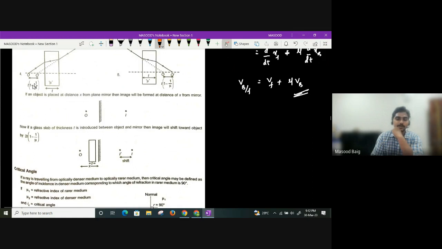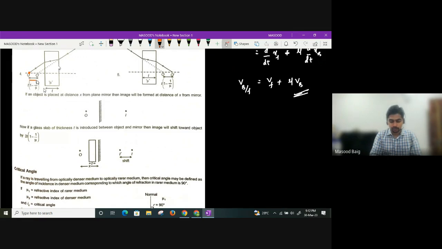You see, in the first case, you have an object. Which type of rays are coming from the object? Are they moving apart from each other or not? So those rays will be called divergent rays. If divergent rays are coming from the object and you make those divergent rays fall on the glass slab, then what will happen to the object?